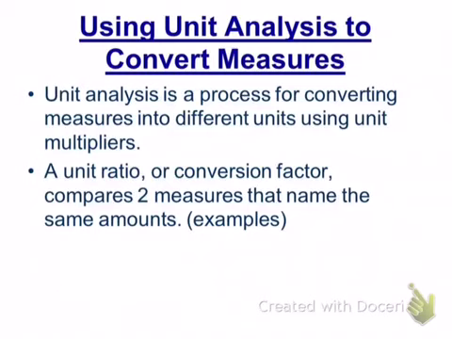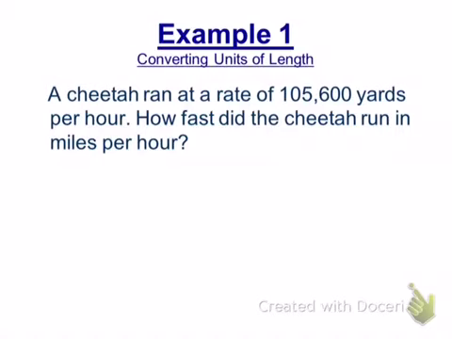All right, so here's the kind of problem that we'll be looking at. A cheetah ran at a rate of 105,600 yards per hour. What a strange combination of units, right? How fast did the cheetah run in miles per hour? In this problem, we're trying to convert yards per hour to miles per hour.